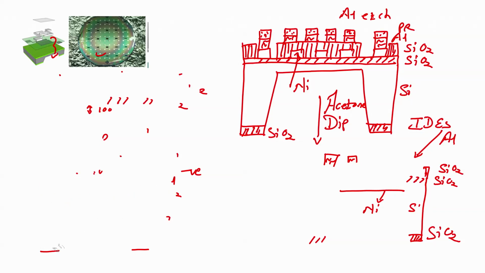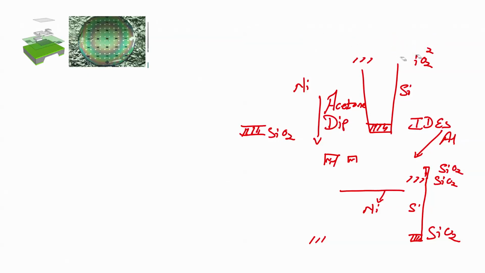So, the last step would be to deposit a sensing layer, and our sensing layer would be indium tin oxide. It can be any other layer, any metal oxide, it does not matter. It can be nanostructures of metal oxide, or a thin film of a material, right. Whatever sensing layer you want to use, depending on your application and what gas you want to sense, you can use that particular sensing layer.